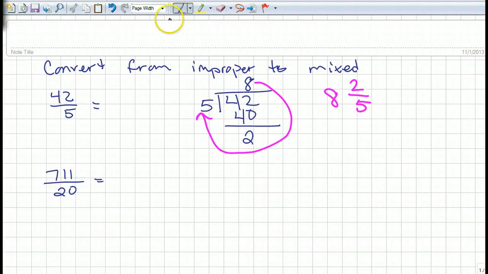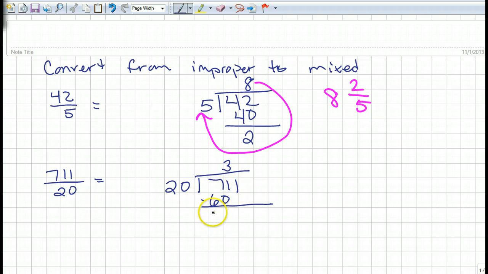You're going to do the same thing with 711 divided by 20. So 20 goes into 71 3 times. 3 times 20 is 60. If we subtract 60 from 71, we get 11, and then we're going to bring down that 1.